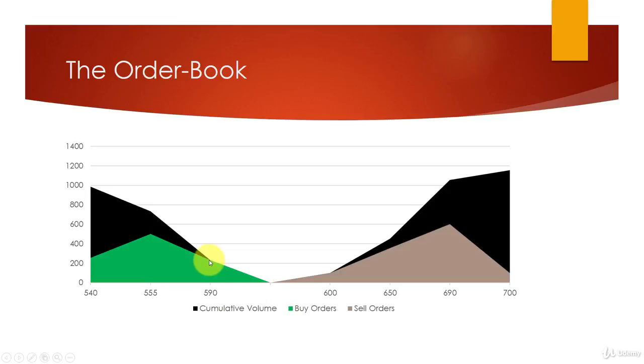He will only buy around 220 for a price of 590, and then another 500 for a price of 555, and the rest for 540. And you can see immediately how the volume of the market is distributed in which area. And also the other way around, of course, for the sell orders.